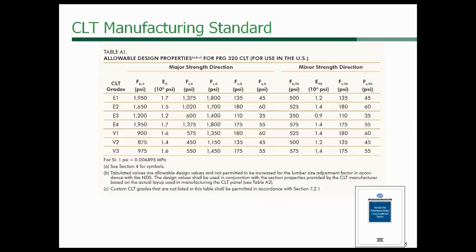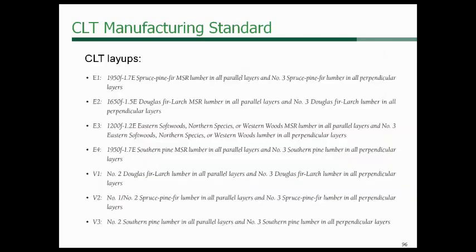So you can see the CLT grades shown on the left in the very first column, and they are laid out. They specify what each layup means. So it talks about the species, the stress rating, and the grade of each panel and what goes into it.